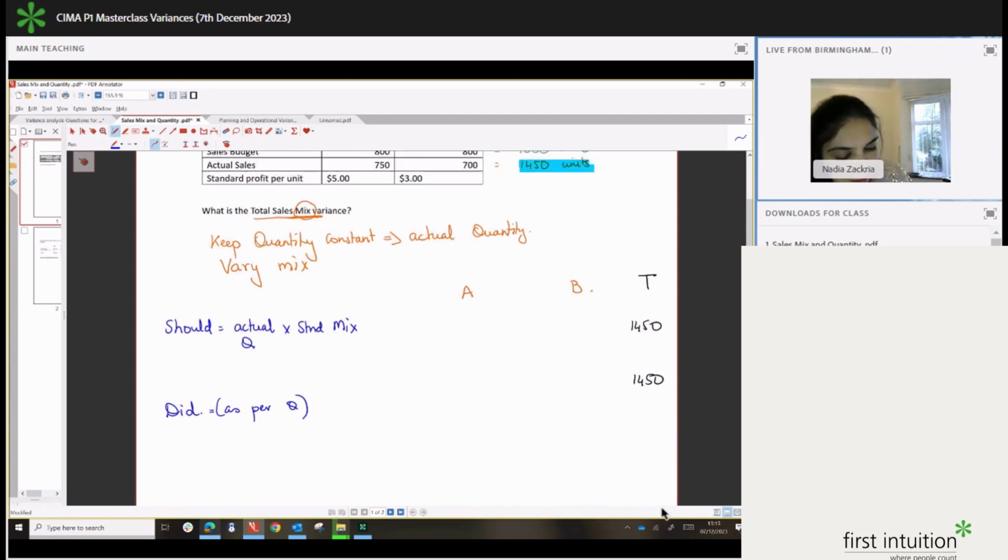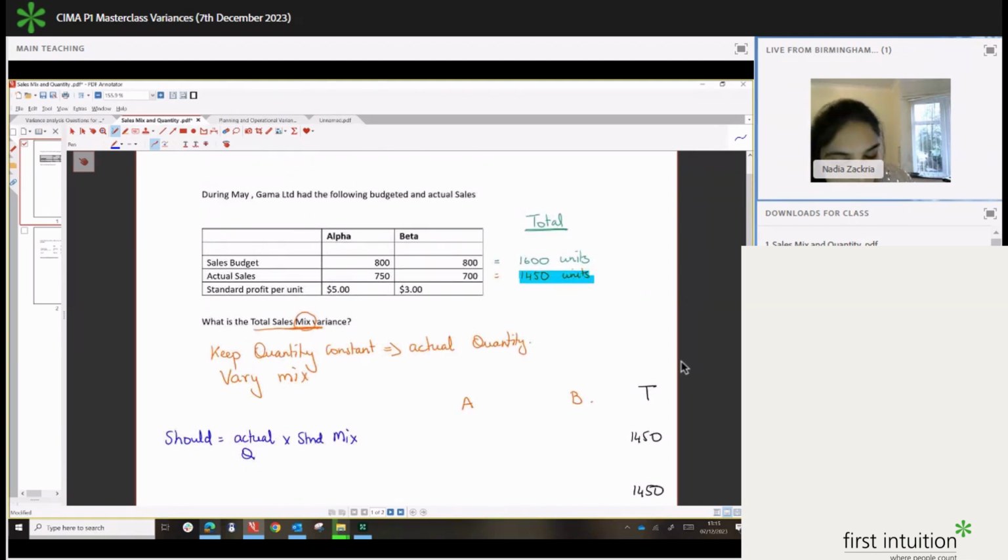Right? Let's think about the mix. If you're selling 800 of alpha, 800 of beta, what we usually do is alpha will be 800 by the total 1,600. Beta will also be 800 by 1,600. Here it's pretty simple. It means it's 50-50.